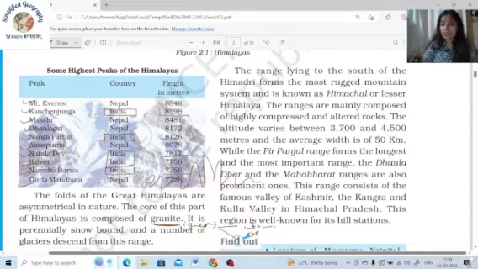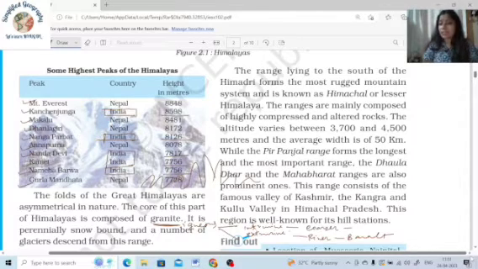Extrusive, outside or on the earth's surface when it cools down and solidifies, has finer grains, for example basalt, whereas intrusive cools down and solidifies inside the crust or in the magma chamber. So these grains are coarser.